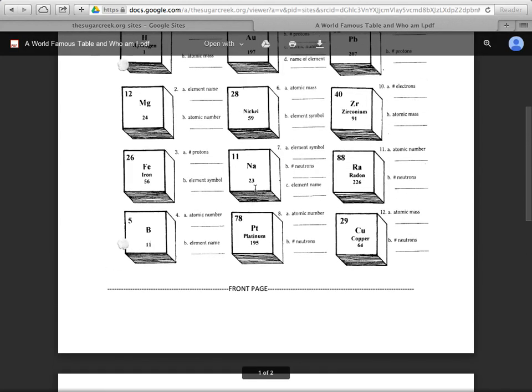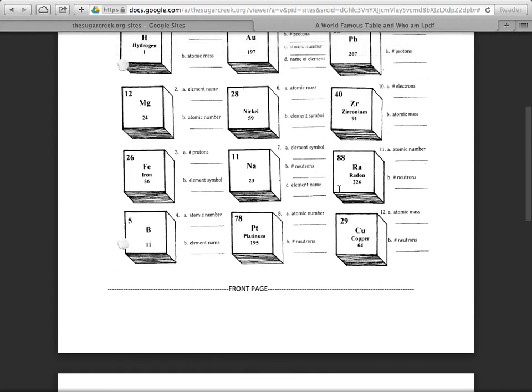I need to make a correction. If you look over here with number 88, that should be radium, and the symbol should be R. This should be an R, and this should be radium.